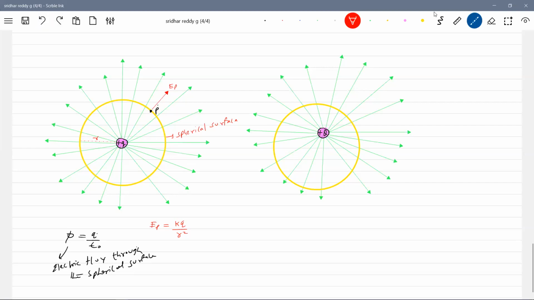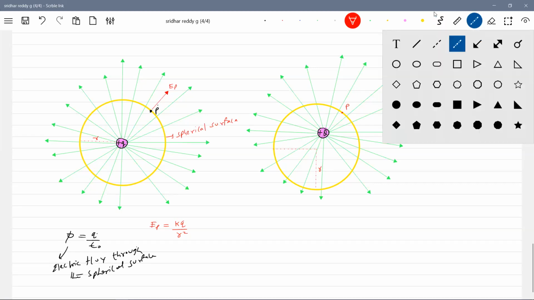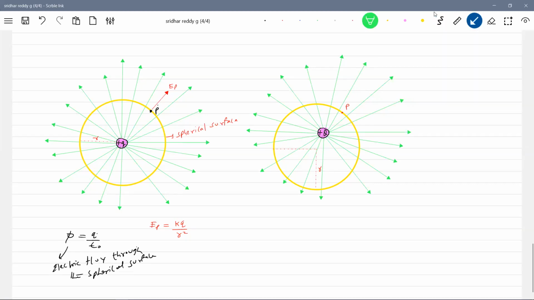Are you noticing the charge is not at center? It is just shifted away from the center. I'm not going to disturb the same point P as it is. One arrow is missing, I'll introduce that arrow. Now you can see this one.